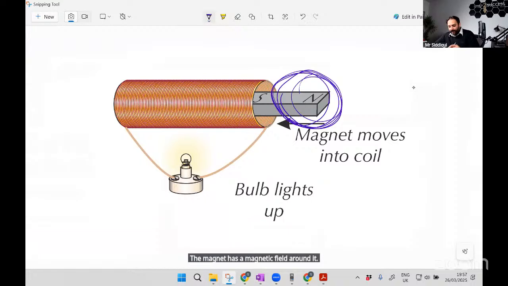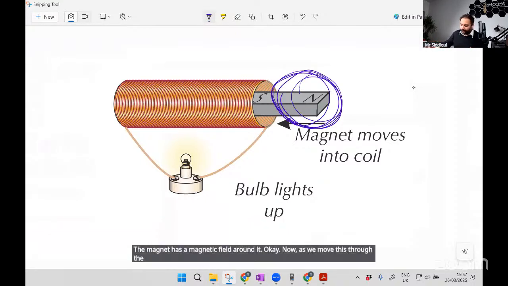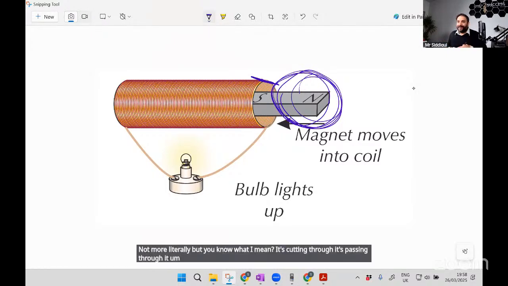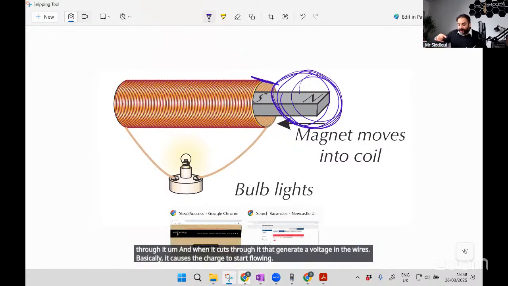Now, as we move this through the coil of wire, the wire cuts the magnetic field. You see what I mean? Not literally, but it's cutting through it, it's passing through it. And when it cuts through it, that generates a voltage in the wires, basically. It causes the charge to start flowing. And so when it's flowing, we get a bulb lit.